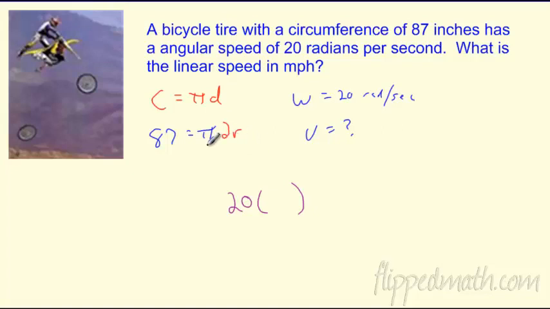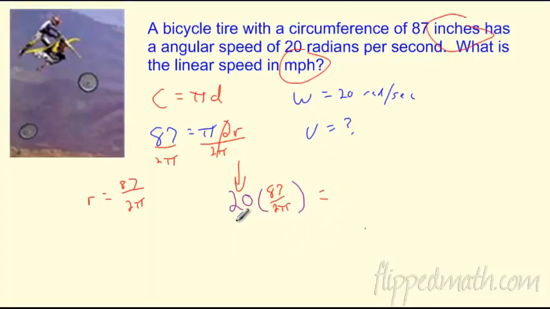So if I want to find this, I'm going to divide by 2 pi. So my radius is really 87 over 2 pi. Not a very friendly radius, but that's okay. If you want to make a decimal, I'm cool with that. So all I'm going to do is take the angular velocity, w, times it by the radius. That's going to give me my linear velocity.